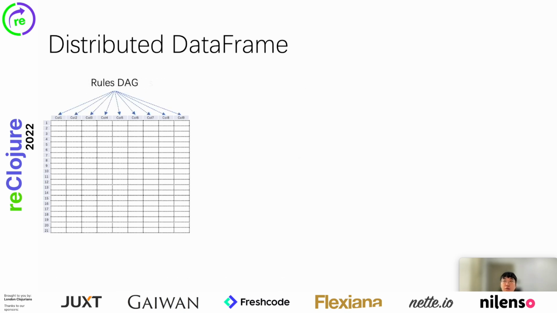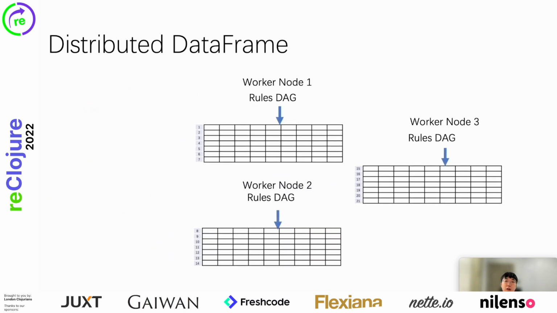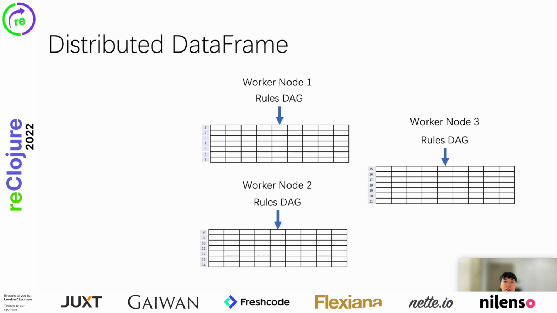In terms of the real execution process, different rules are first translated and construct a directed acyclic graph of rules that can be applied to each and every column. And there will also be an environment with idle workers. The rules as well as each part of the data frame will be allocated to the idle workers.